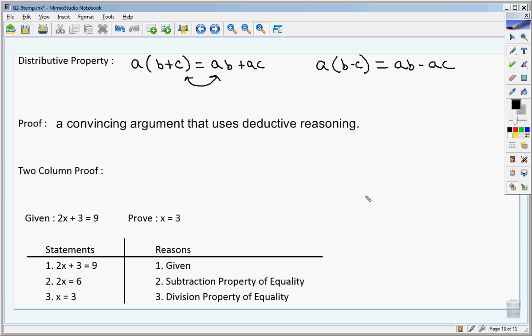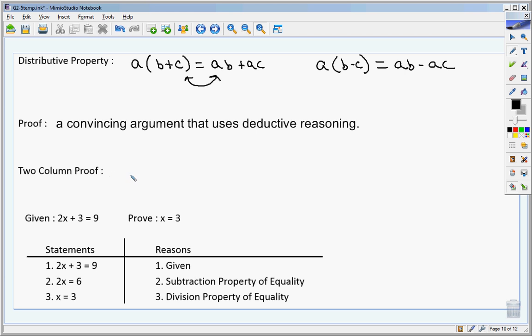A proof, and I've printed that definition in there for you. A proof is a convincing argument that uses deductive reasoning. Deductive means that it has to have some kind of explanation that goes out beside it.